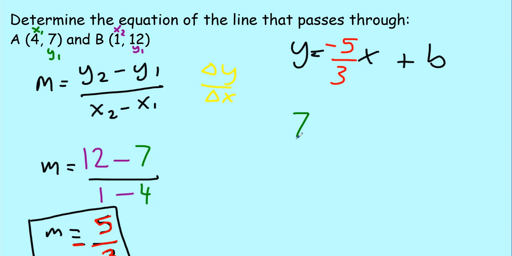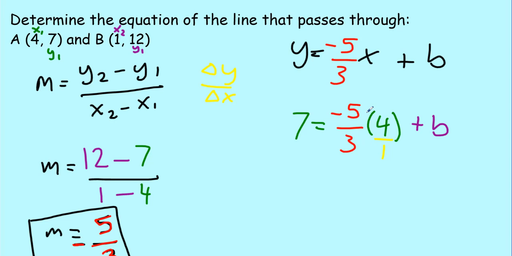So y in this case was 7, equal to negative 5 over 3. The x value was 4. And I don't know what my b value is. So if we were to simplify this, if you remember as a fraction, all whole numbers are over 1.